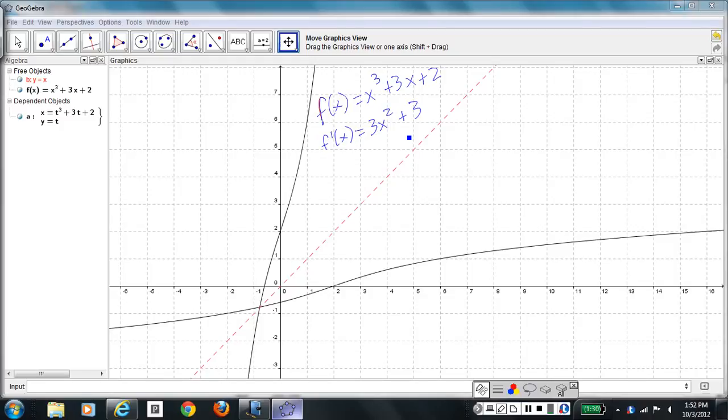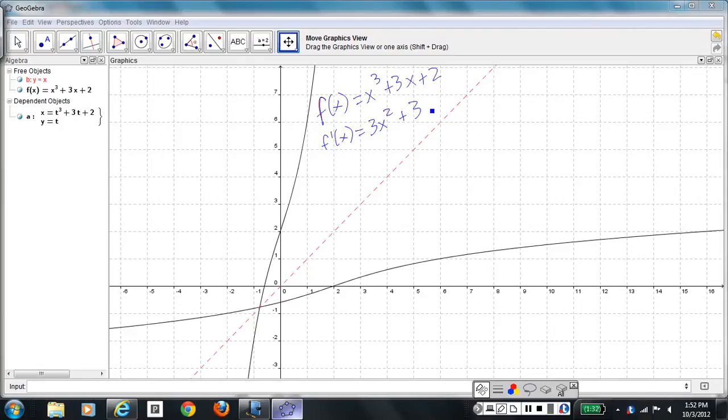And a sufficient condition, not necessary, for a function to be one-to-one is that it be increasing on its entire domain or decreasing on its entire domain. If either one of those happens, it's guaranteed to be a one-to-one function and thus would have an inverse. This one, 3x squared plus 3, is always positive.